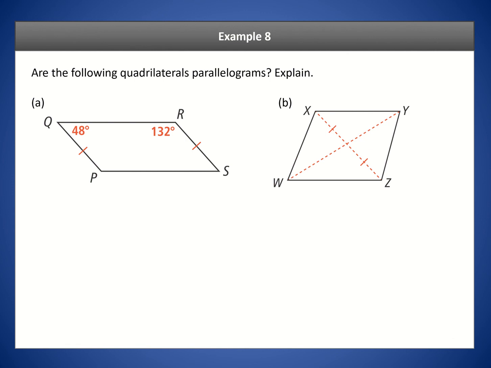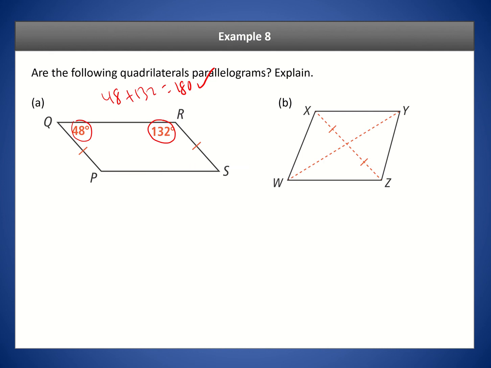Okay, so yeah, that was a lot of proofs, but we should be done with the proofs. So let's go ahead and apply the theorems that we proved here. Are the following quadrilaterals parallelograms? Explain. So we know that these two angles are consecutive interior angles, and notice that they add up to 180, so that's good. Because they add up to 180, that means that they're same side interior angles.